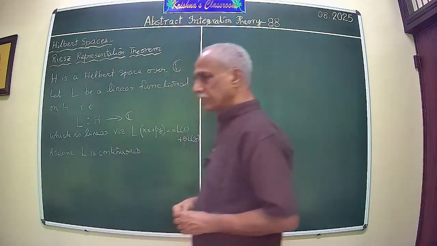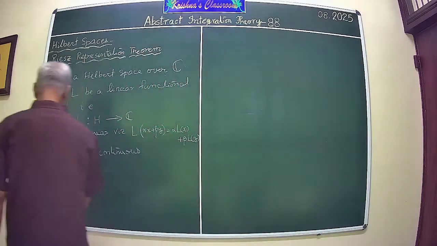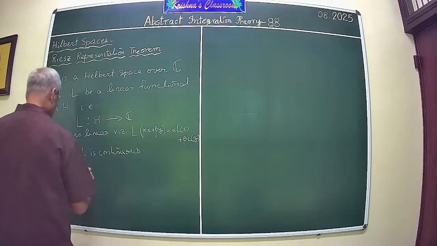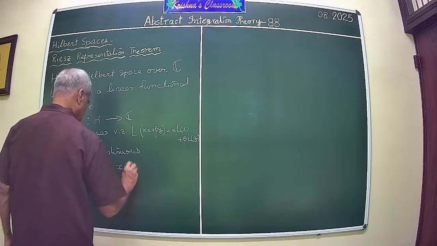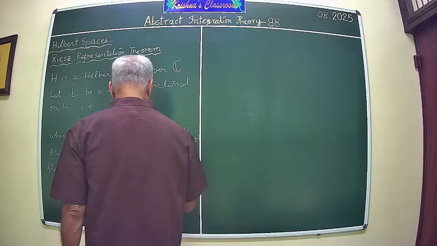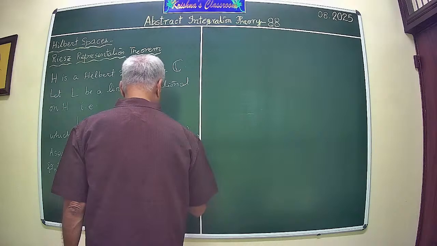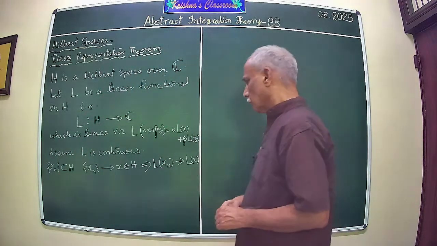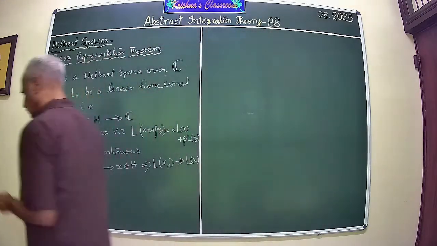Which means that if xn converges to x, Lxn converges to Lx. This is a crucial definition, because this is in C. So this is a sequence of numbers converging to Lx.